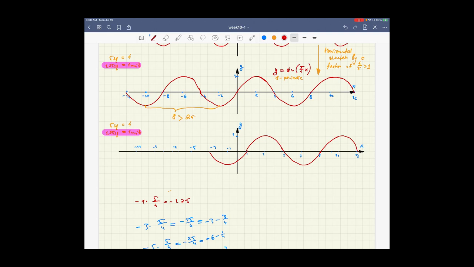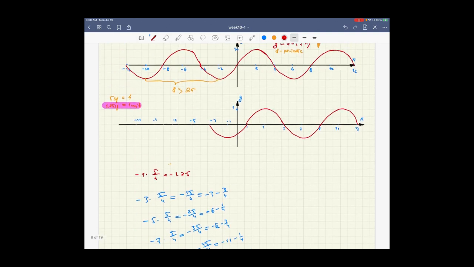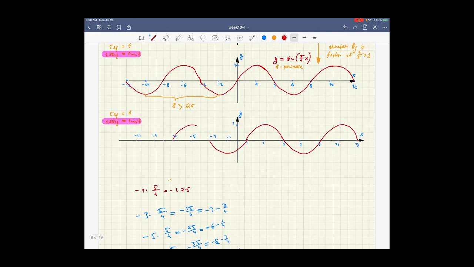All right, so negative 5 is the next peak. This is the graph of sine of pi over 4 times x minus 1, which is the same as sine of pi over 4 x minus pi over 4.